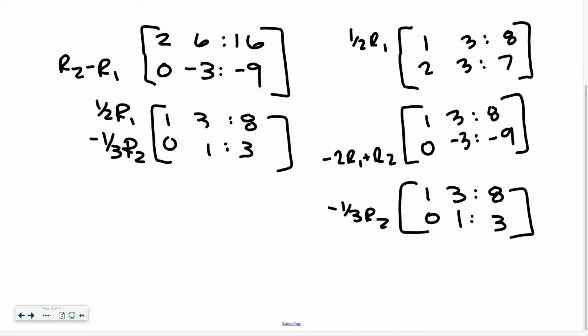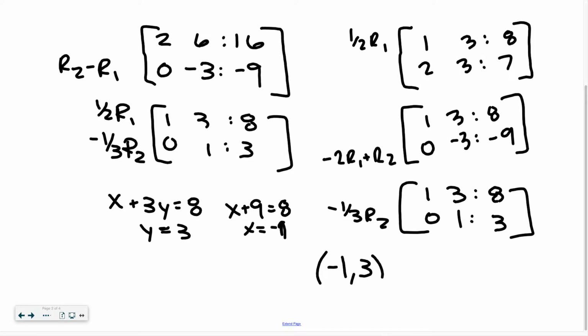So the same system to solve. So we have x plus 3y equals 8 and y equals 3. So x plus 9 equals 8, therefore x is negative 1. So our ordered pair would be negative 1, 3.